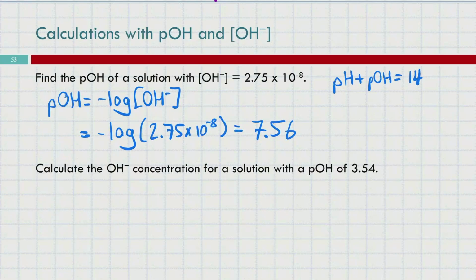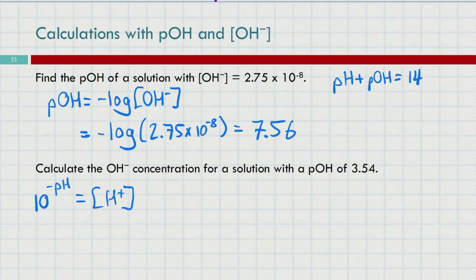We can work in the opposite direction. It looks eerily similar to what we did with pH and H3O plus concentration. So for pH, it was 10 to the negative pH equals the concentration of H plus.